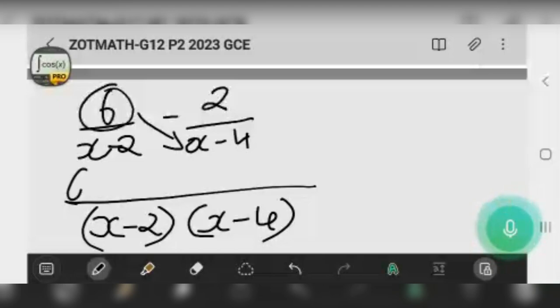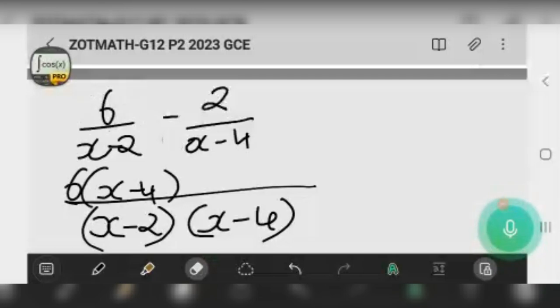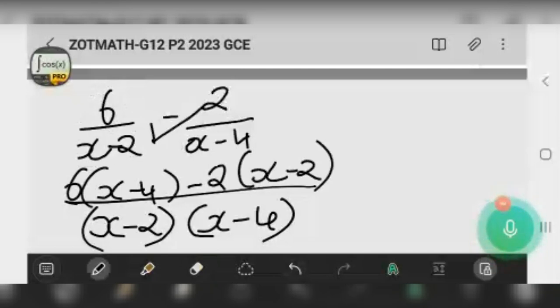So which will be 6 open bracket x minus 4, like that. Have you seen that? And then the sign which we have here is a negative, and then we put it there, okay? And then we start with a 2, not to confuse things. We can start with this one, but we start with a 2 to just balance it up and to avoid confusions, okay? And then open bracket x minus 2, like that.